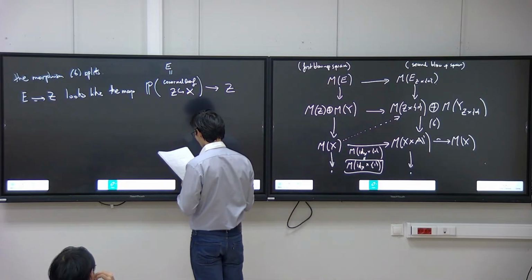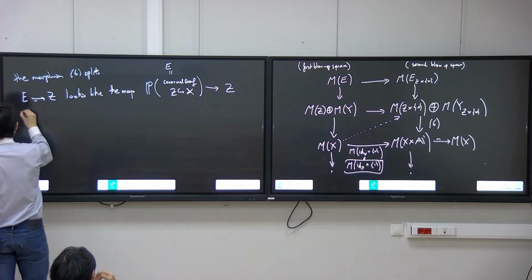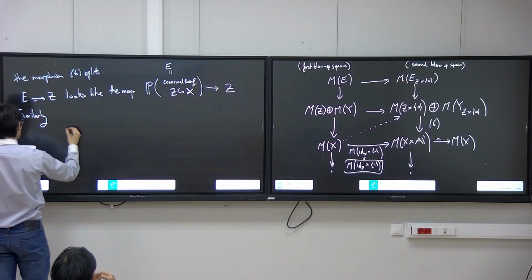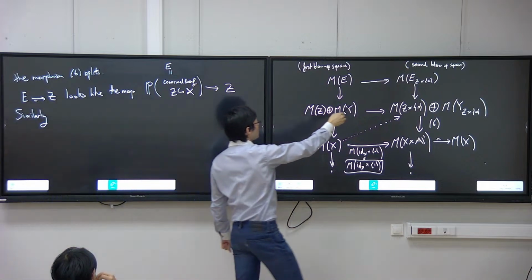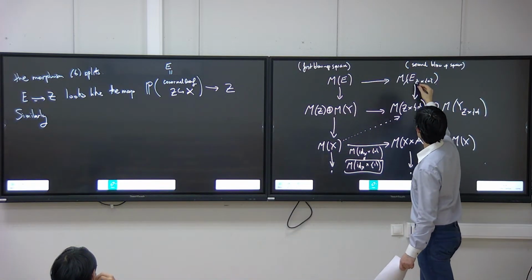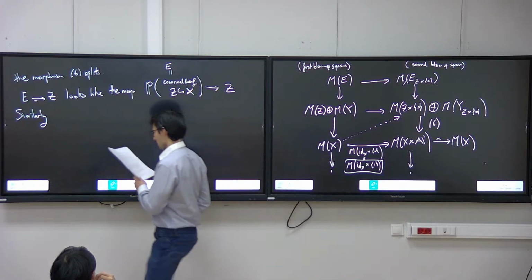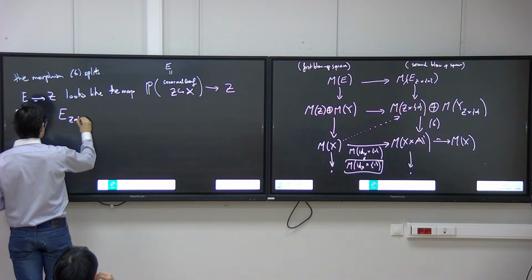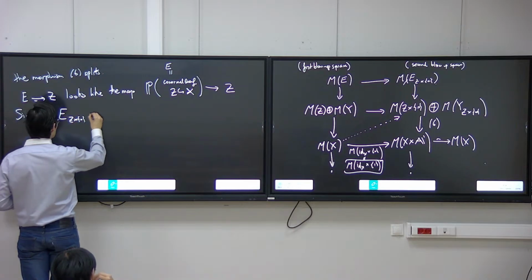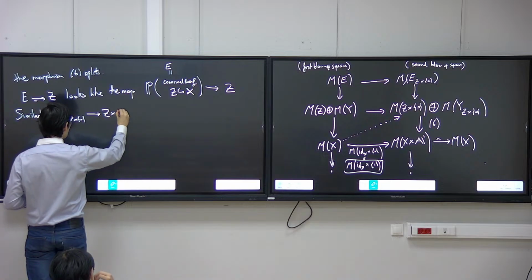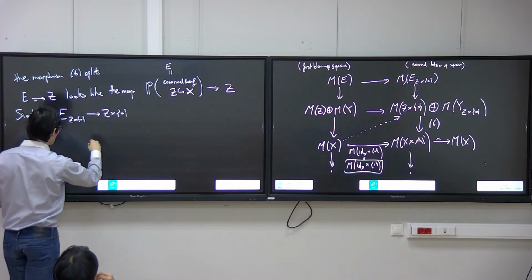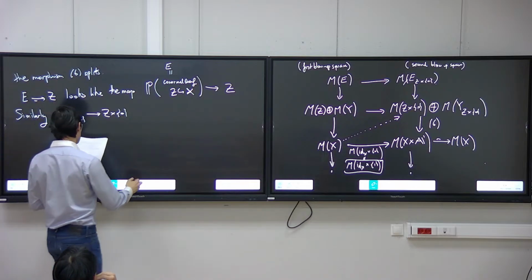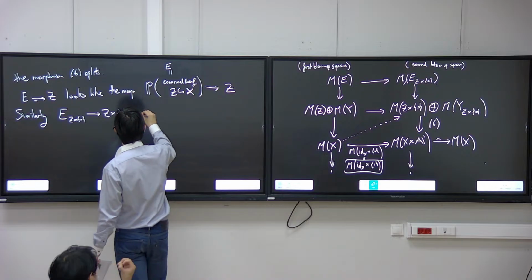And similarly, this second vertical map here, just this one, E_Z times 0, to the closed subset which we blew up along in the second diagram.